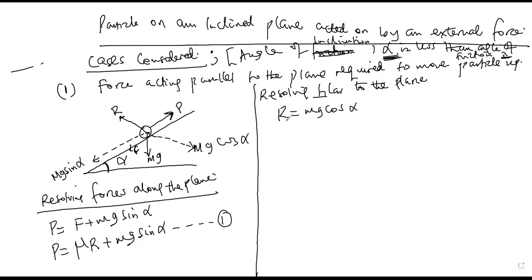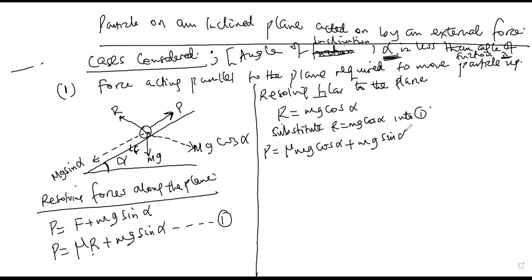So now we can substitute the value of R into equation 1, because we need to get the magnitude of P, right? So substitute R is equal to mg cos alpha into equation 1. So you'll have P is equal to mu, then instead of R, we shall write mg cos alpha, plus mg sine alpha. Is it clear?